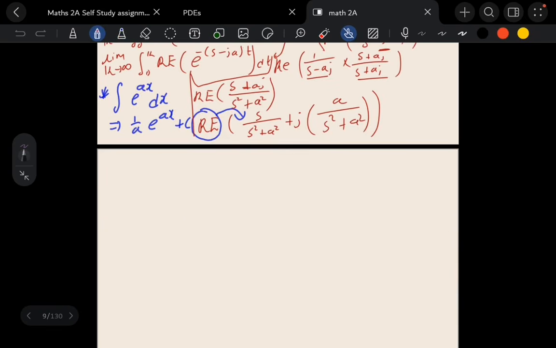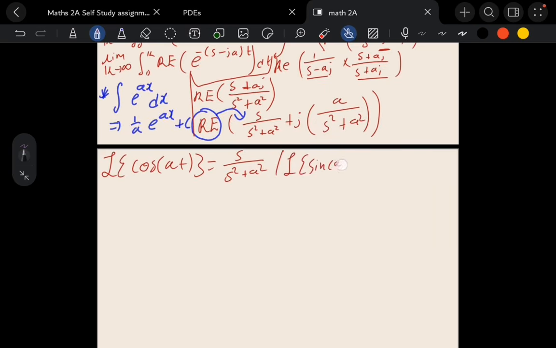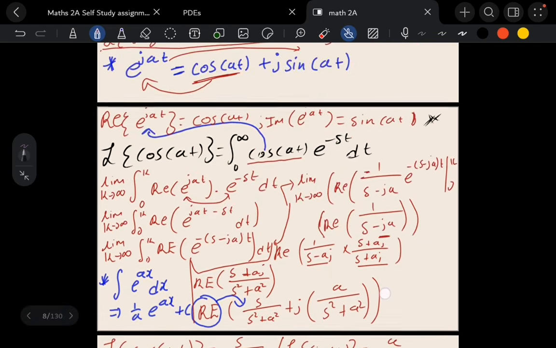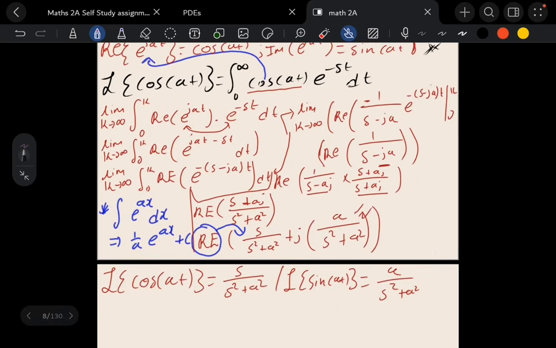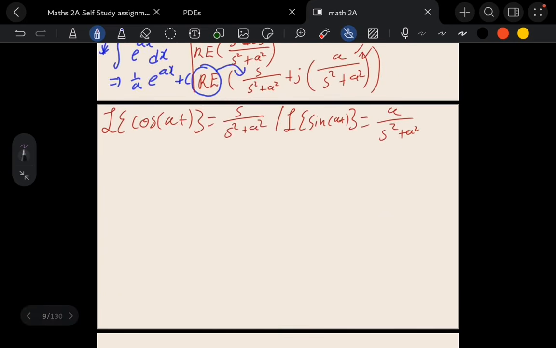So the Laplace transform of cos(at) is s over (s squared plus a squared), and the Laplace transform of sin(at) is a over (s squared plus a squared). If you wrote Im instead of Re, you would have been choosing this one. Right, so this is the Laplace transform.